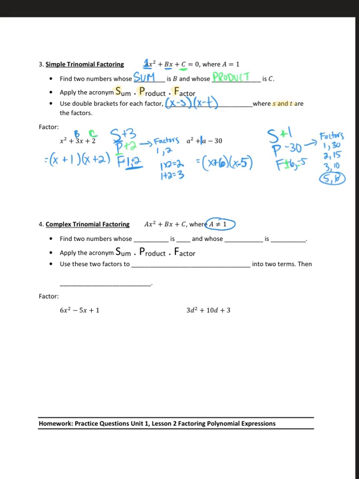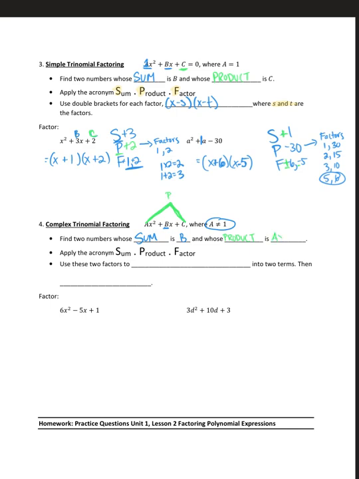So we need to find two numbers whose sum is still b, right? So we still have to add the two numbers to b, but whose product, in this case we have to take into account the a and the c, so it's whose product is a times c. So I'm just going to put a p above that.